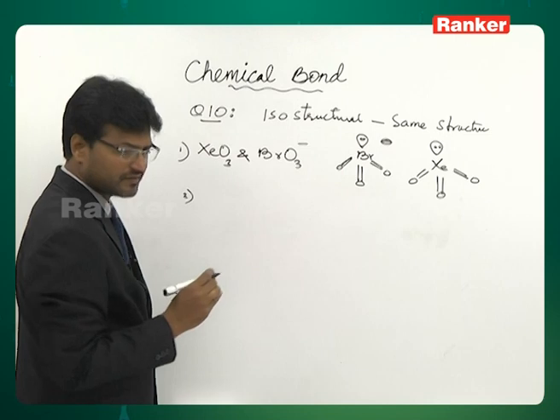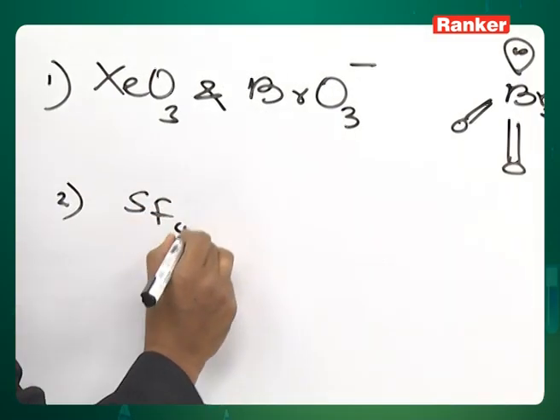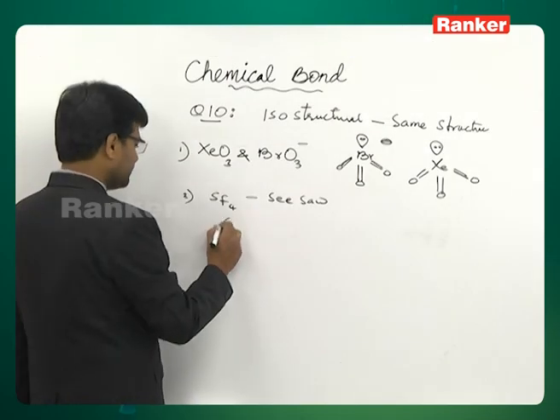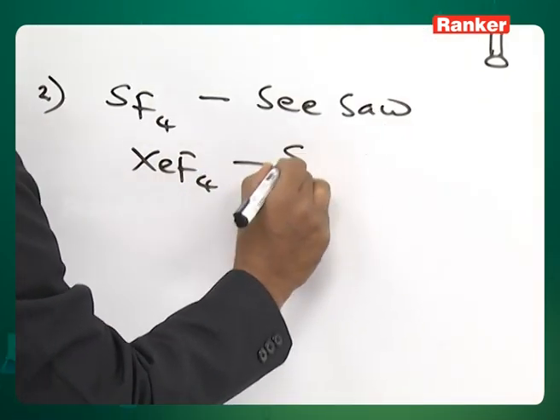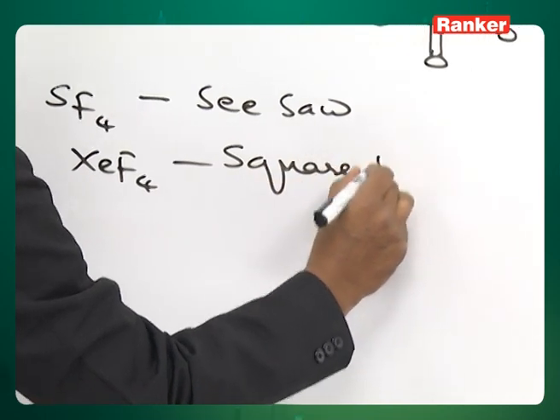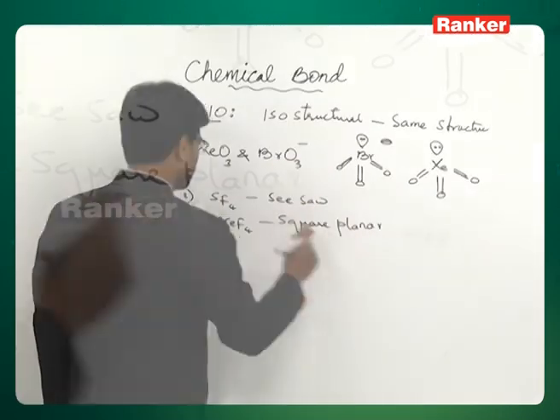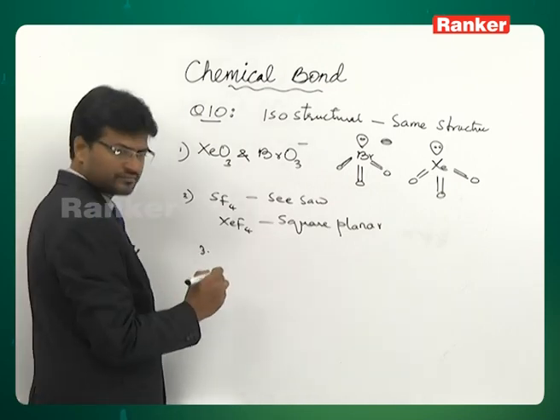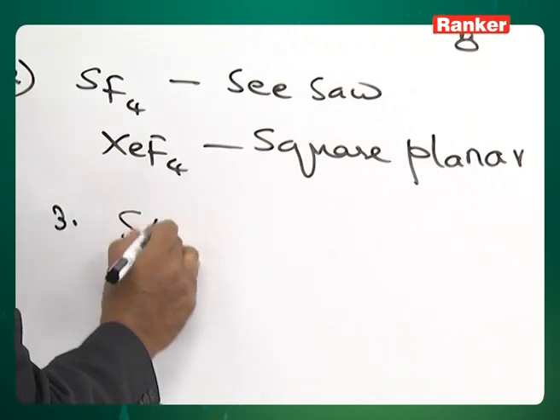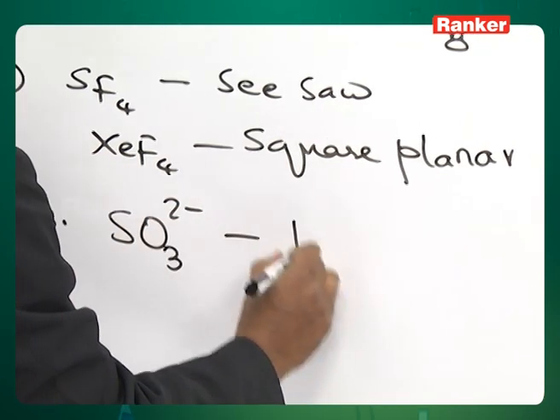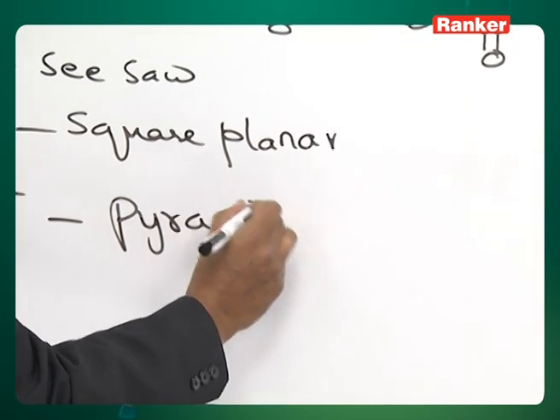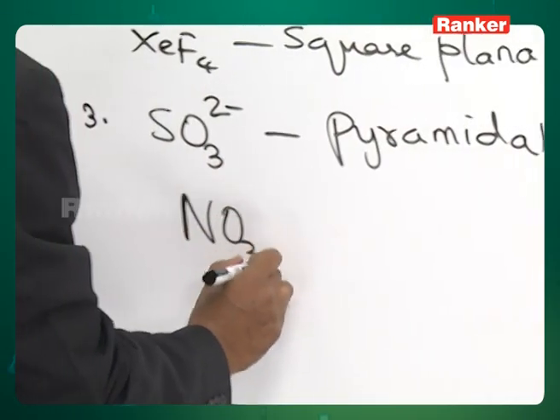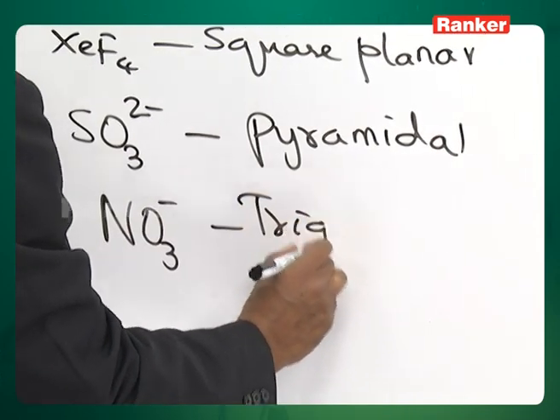But look at the case of SF4. SF4 is seesaw and XeF4 is square planar. So they are not isostructural. Number 3, SO3 2 minus. This is pyramidal and NO3 minus is trigonal planar.